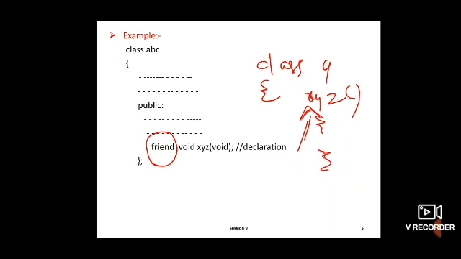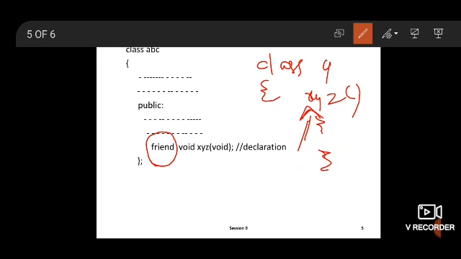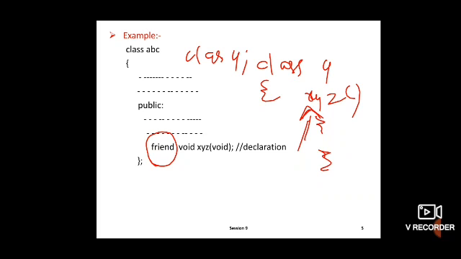At that time the compiler has no knowledge about the second class, so an error will arise. For example, with class y in this program, before class ABC write class y and a semicolon. This is called class forward declaration; the compiler knows two classes are declared, so no error arises. Understood?